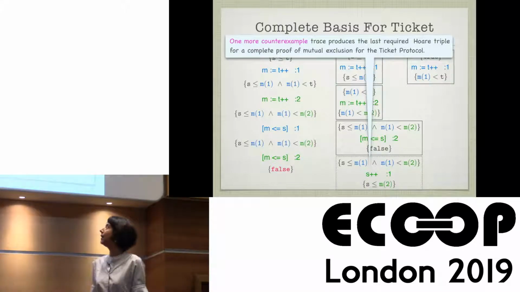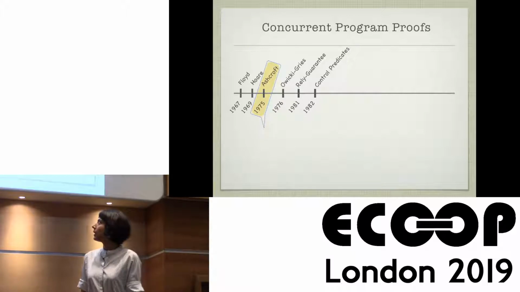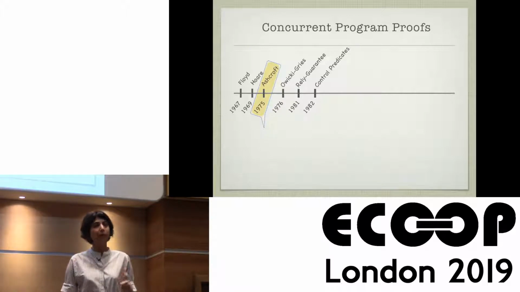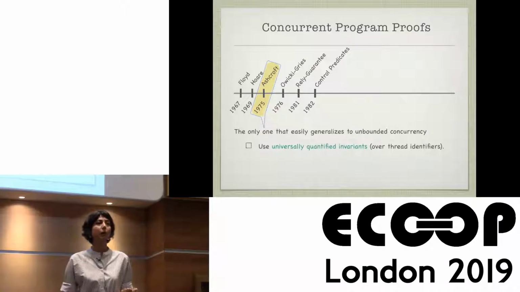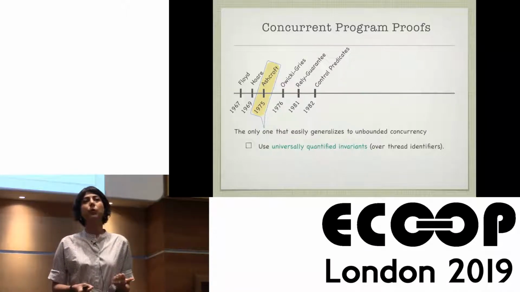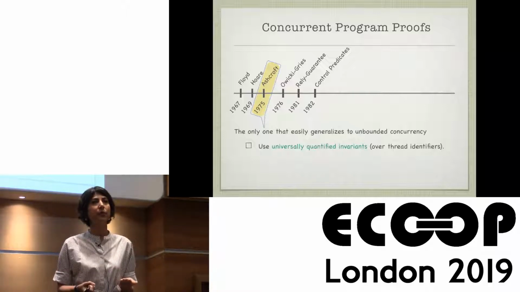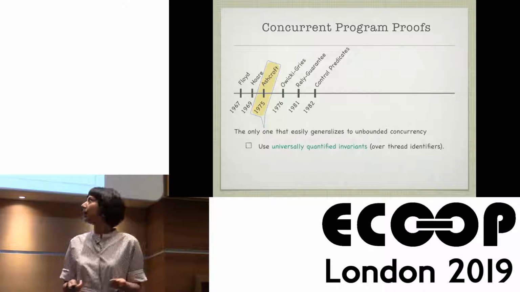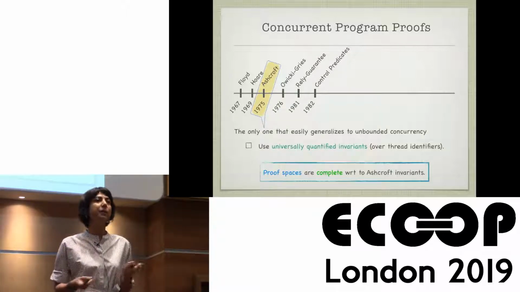Okay? Now, I'm yet to tell you how proof checking works, but before I do, to make proof spaces concrete, I can tell you one result: Ashcroft invariance, which basically corresponds to giving proofs with universally quantified invariants over thread IDs for parameterized programs, proof spaces are basically complete with respect to this.